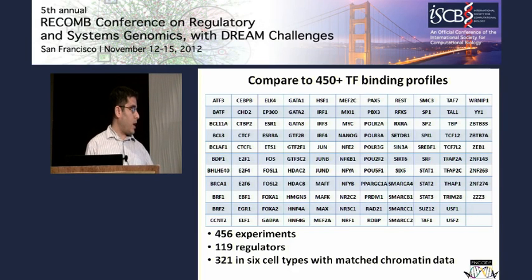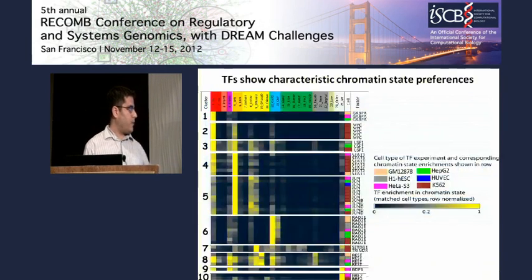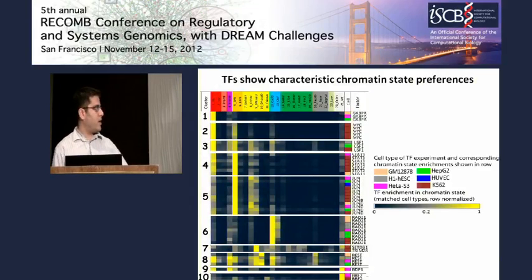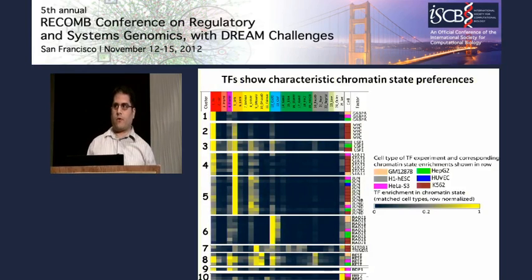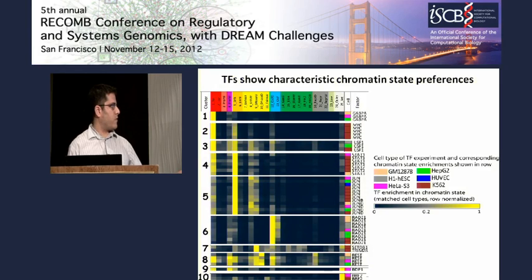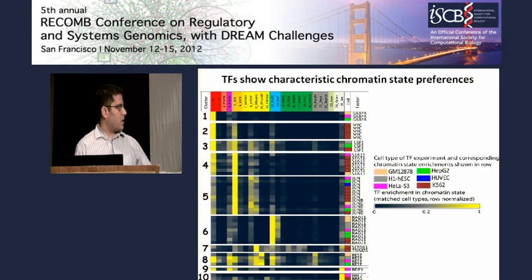And because we had our chromatin states defined previously, we could go for each experiment and take the locations where the transcription factor binds and see if there's a relative preference for specific chromatin states. So what you're seeing in this figure is a subset of the regulators that were mapped and a subset of the experiments, color-coded by the cell type.